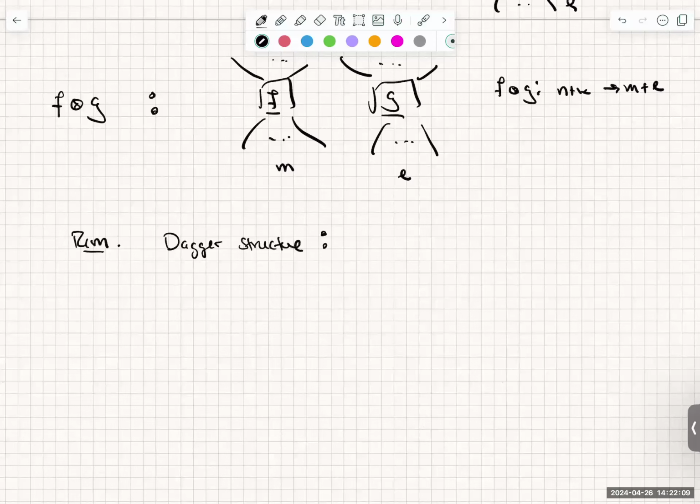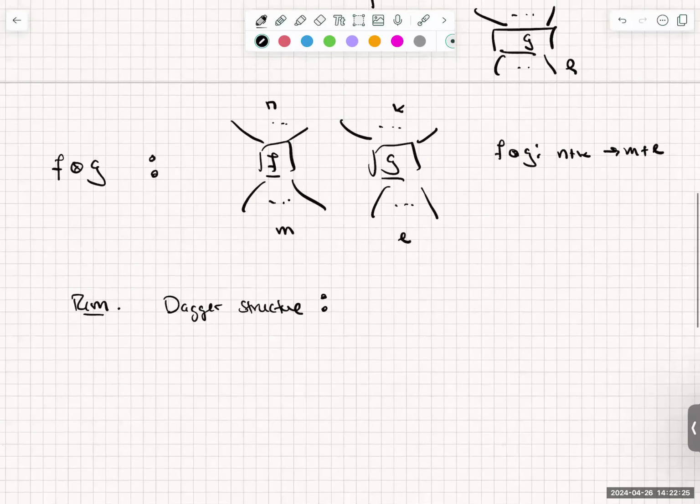Sorry to interrupt again. So you are saying that the morphism from N to M is like one of those diagrams that you drew before with N inputs and M outputs. Yes.